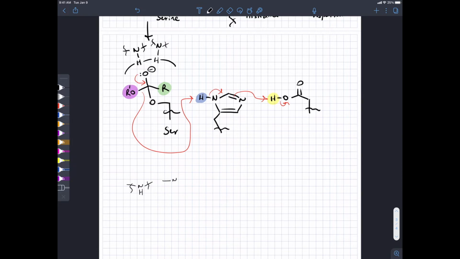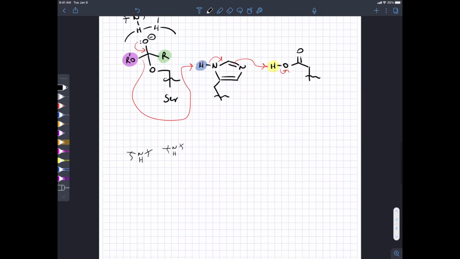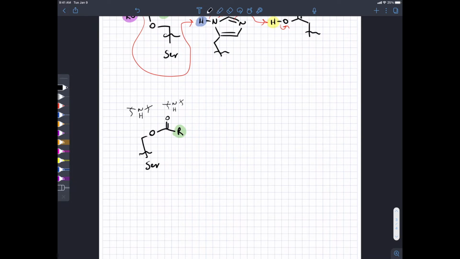So after that reaction, we no longer have a tetrahedral intermediate. We have the serine side chain now in an ester with the fatty acid. Glycerol is now free.